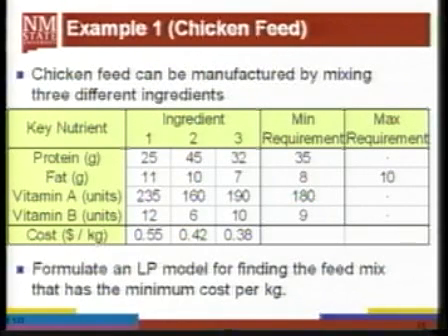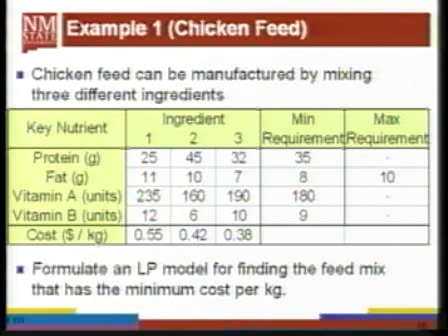Each ingredient contains 4 key nutrients, which are protein, fat, vitamin A and vitamin B. And the amount of each nutrient contained in 1 kilogram of the 3 basic ingredients is given in this table.